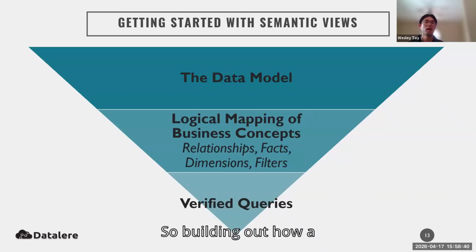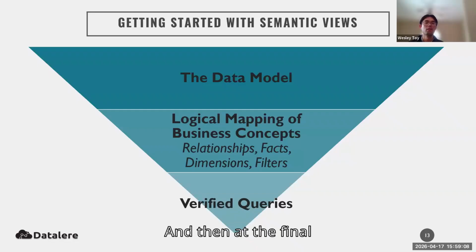So building out how a customer relates to a transaction, or what is order date, what is ship date, things like that, and then providing those synonyms on top of all the attributes within the business concept. So total revenue is the same as total sales, and like I said, it's this one fact column minus discounts, and without any returns.